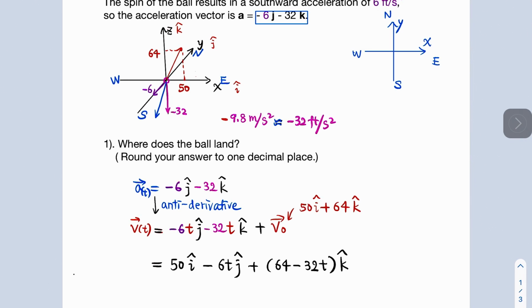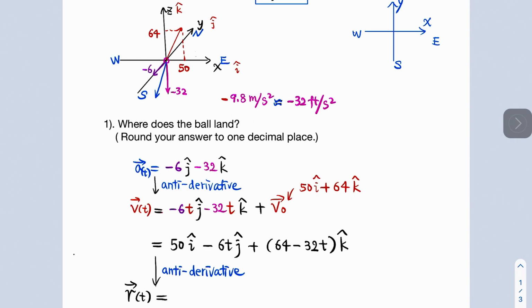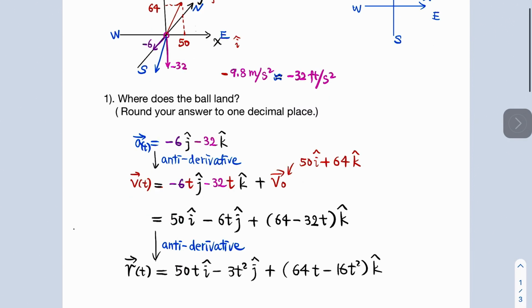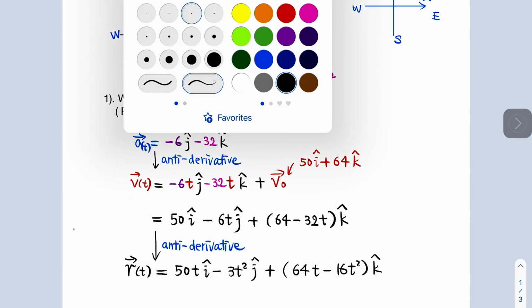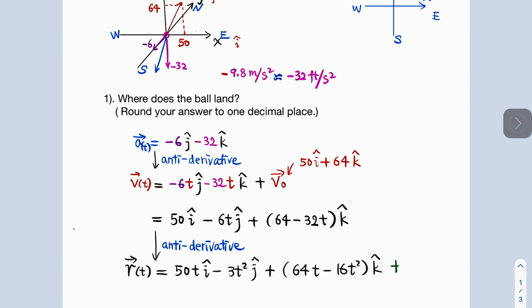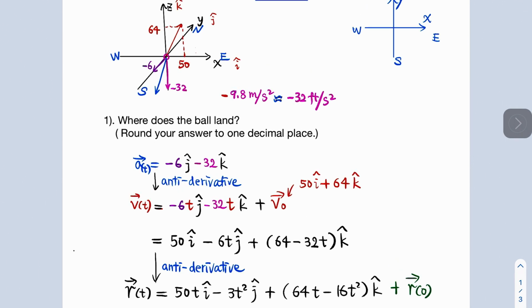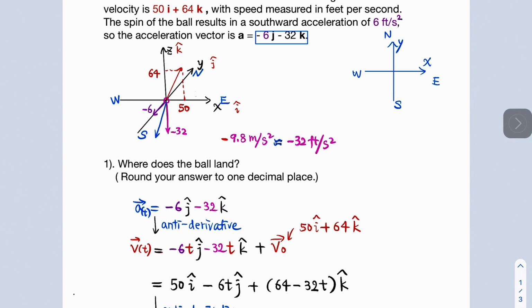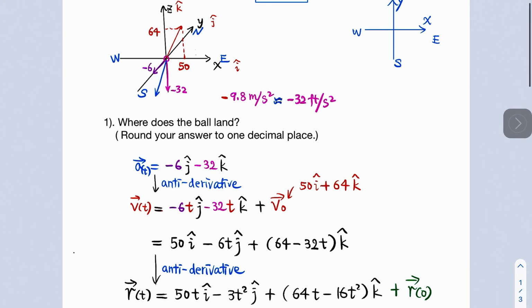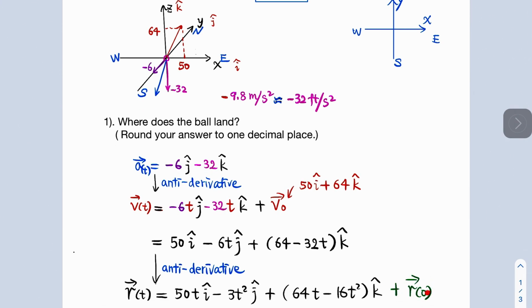Now we can take the antiderivative of the velocity vector to get the position vector. The position vector r(t) is going to be the antiderivative of each component, plus a constant vector, which is the initial position. But remember, we throw the ball into the air from the origin, so the initial position is the zero vector.